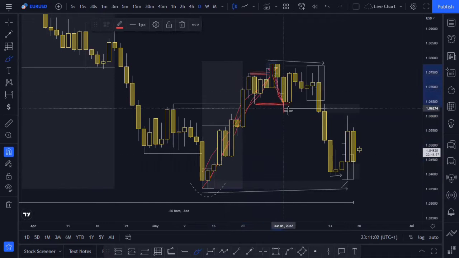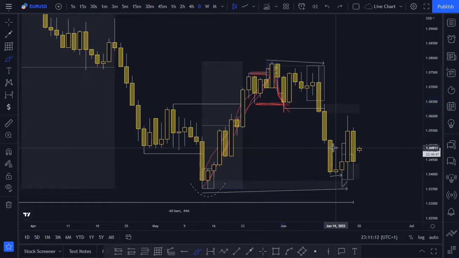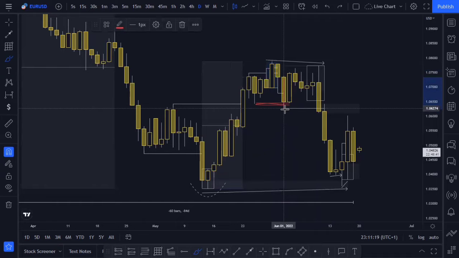We are getting some kind of pullback. Price is most likely going to pull back from somewhere here, so it only makes sense to look for shorts from down there. And after we had the break and the change of character, price pulled back to something within here, and then we had our pullback.